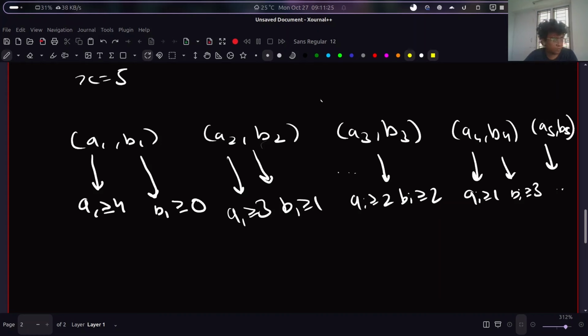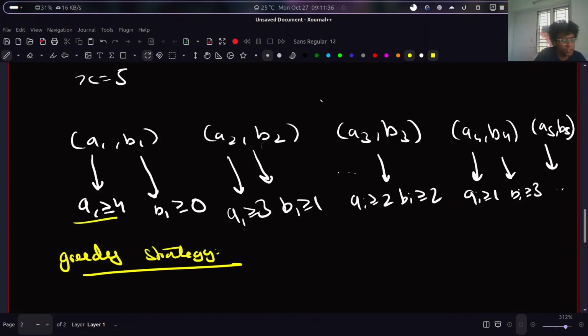So we can just do a greedy strategy. Whoever is the first person to satisfy the conditions for the first person, we'll make him the first person, and then after that we look for the second person, and whoever is the first to satisfy this, we'll take him, and so on.